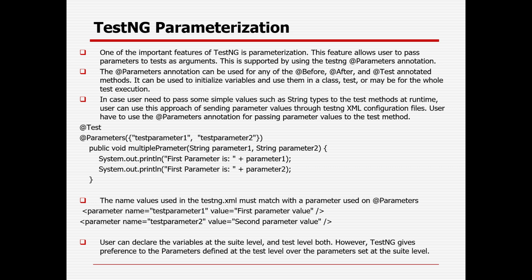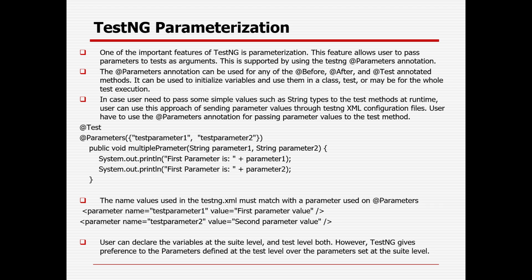In case the user needs to pass a simple value, such as string type, to the test method at runtime, the user can send parameter values through the TestNG XML configuration file, testng.xml. The user has to use the @Parameters annotation for passing parameter values to the test method.